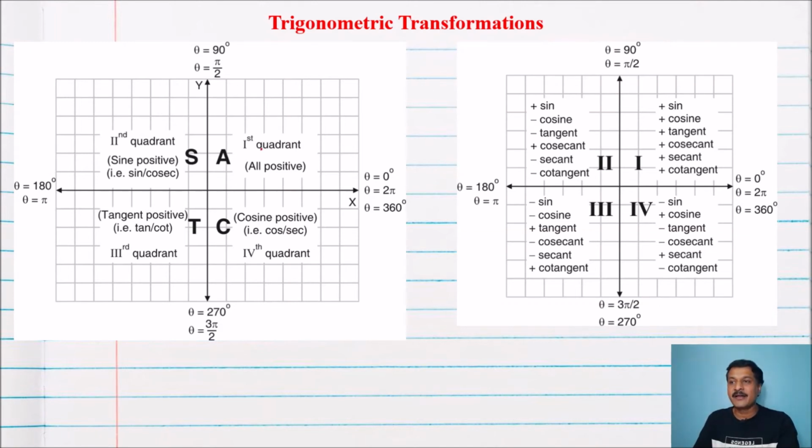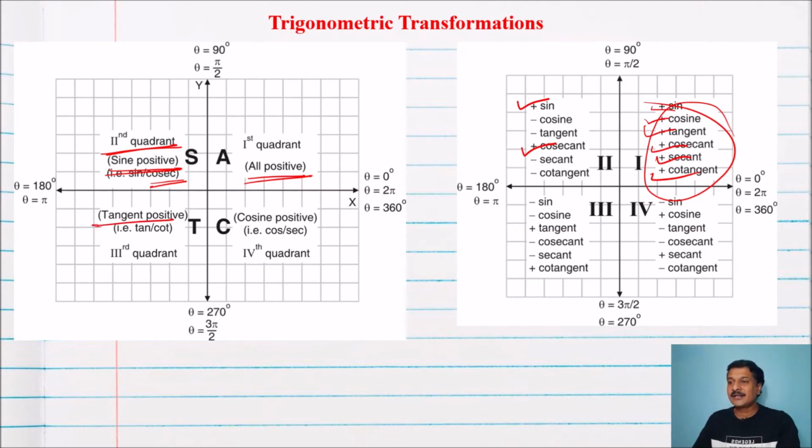So here, in the first quadrant, all are positive: sine, cos, tan, cosec, sec and cot. In the second quadrant, sine is positive, and the reciprocal of sine is cosec, so only sine and cosec are positive, remaining all negative.